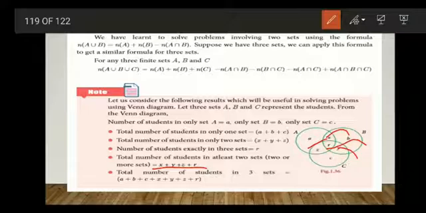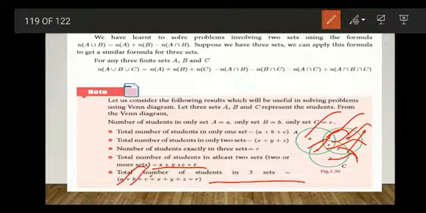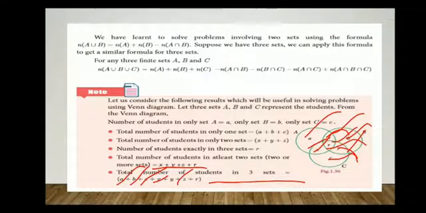We have to count the students in all the sets, that is A plus X plus B plus C plus Z plus R plus Y. So the total number of students in three sets is A plus B plus C plus X plus Y plus Z plus R. We have to add the elements in all these sets. That will give us the total number of students in three sets. So this will be useful in solving problems. Remember this.